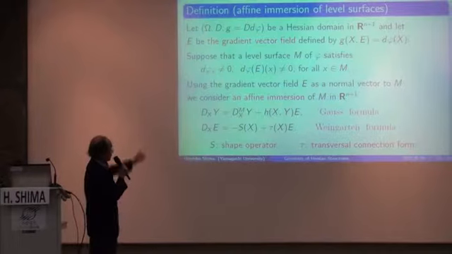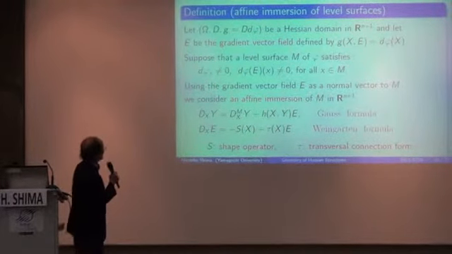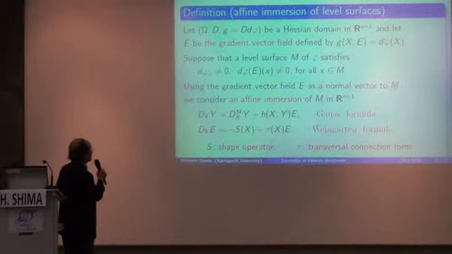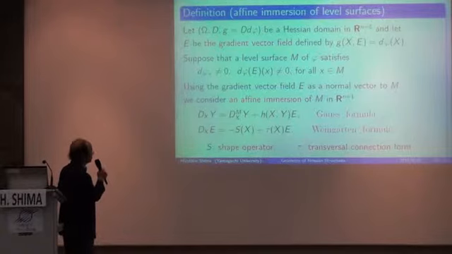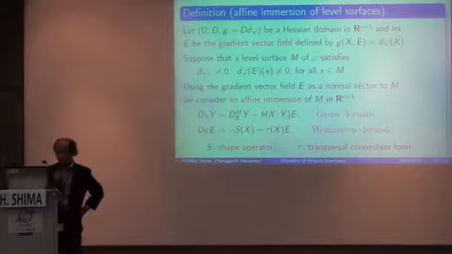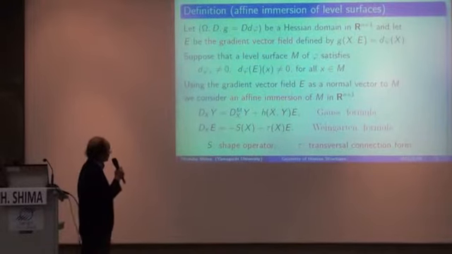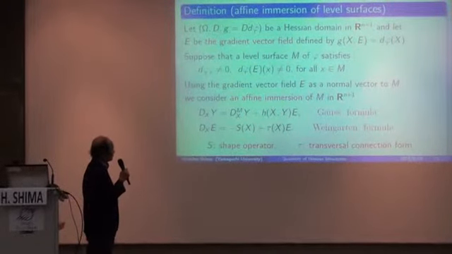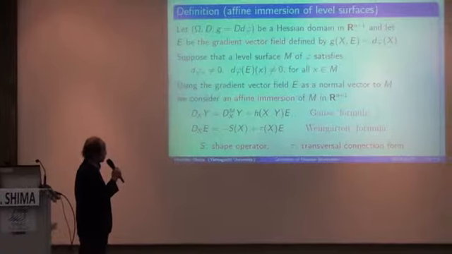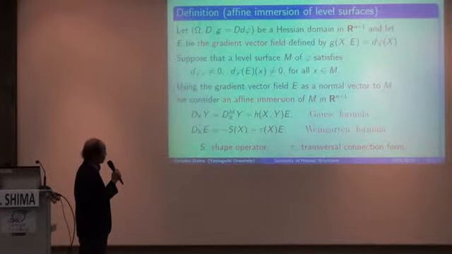I learned this idea. Using this gradient vector field as a normal vector to M, let us consider an affine immersion of M in R^(n+1).